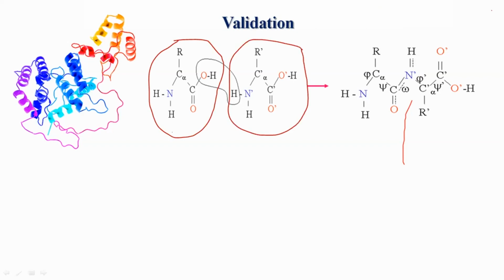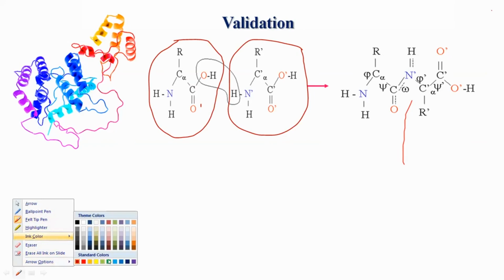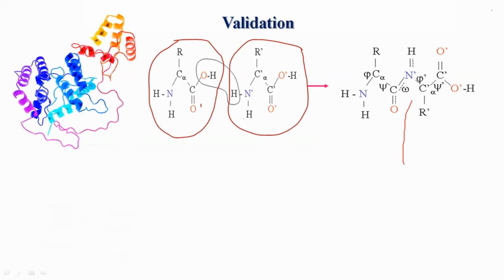One amino acid is bonded with the adjacent amino acid through the CONH bond, right? When two amino acids are joined, a water molecule, H2O, is released.